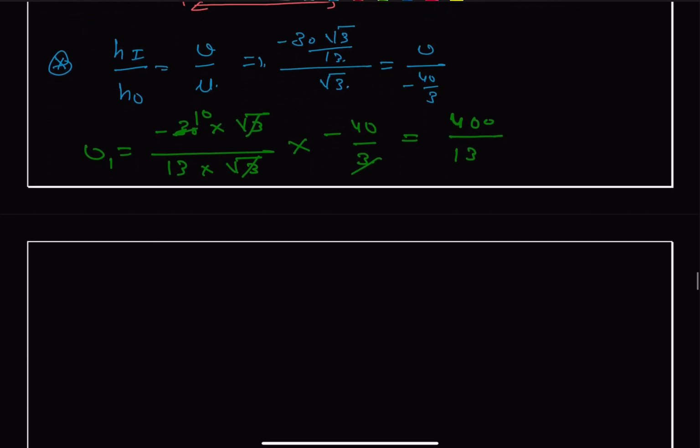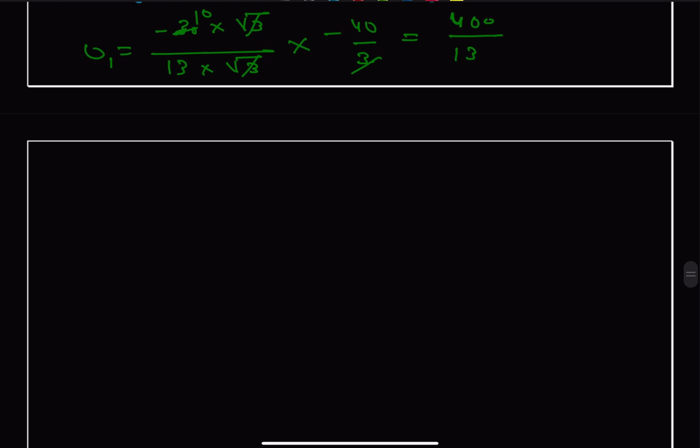Okay, so we got the V1, and we can use the formula 1 upon V minus 1 upon U is equal to 1 upon F, which gives us that our 1 upon V will be equal to, and we have focal length of 10, and we have our U as 40 by 3, so this comes at 3 by 40.